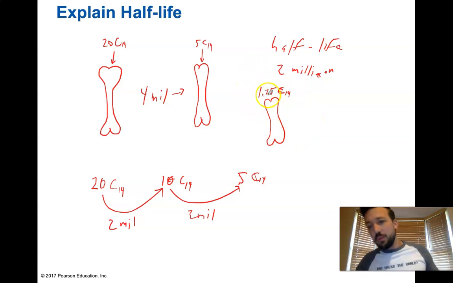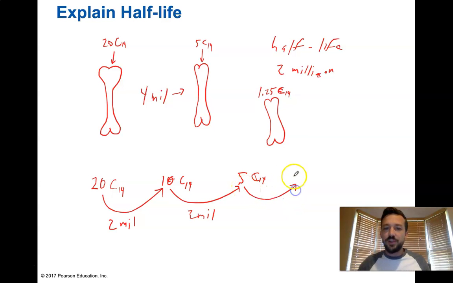I'm not saying that there would be 1.25 of them. So let's say we have 1.25 carbon-14s, and we see how old this bone is. Well, let's cut 5 in half again. So it would be 2.5 carbon-14s, right? And that would have taken 2 more million years.